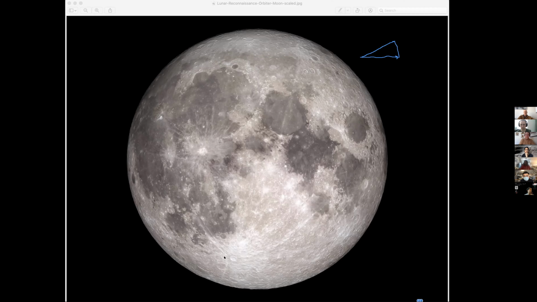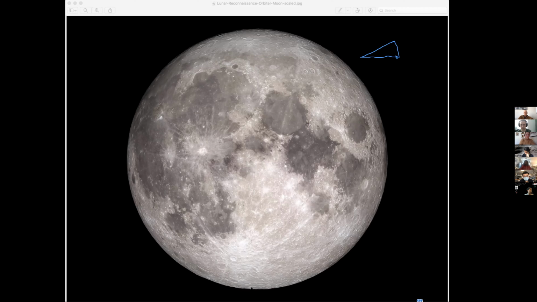Well, if you're right at the South Pole, that's not a problem because the orbiting spacecraft doesn't matter whether it's in a low lunar orbit or a highly elliptical orbit, it's always going to fly over the South Pole and the North Pole. And so you can basically rendezvous with that at any time. That's one of the advantages of being right at the pole.